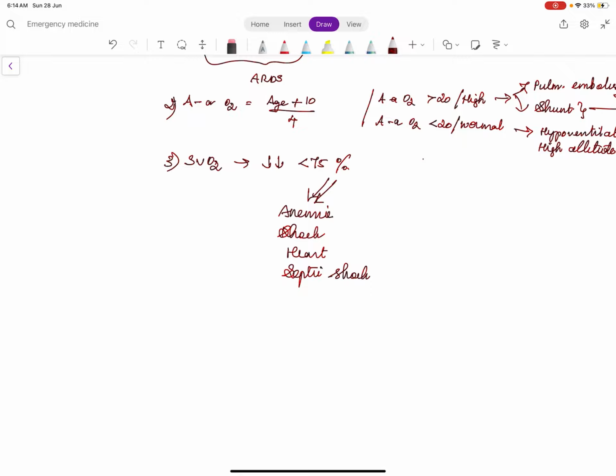If the venous oxygen saturation is high, more than 75%, it indirectly means that peripheral tissue extraction is low. So they may have cyanide poisoning, carbon monoxide poisoning or methemoglobinemia.